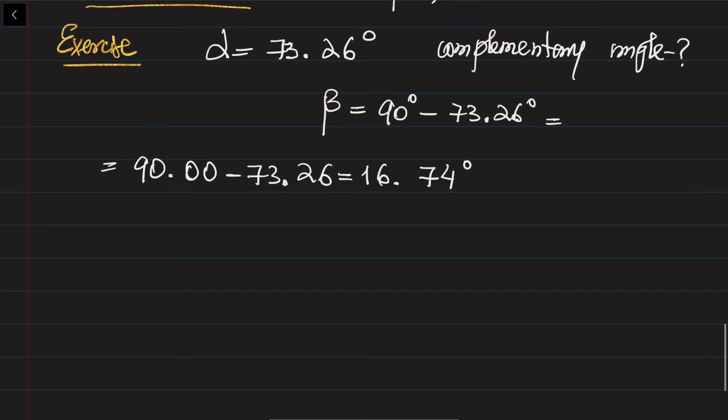So now let's say beta is given as 25 degrees, 43 minutes and 37 seconds. And if I need to find its complementary angle, what is going to be its complementary angle?